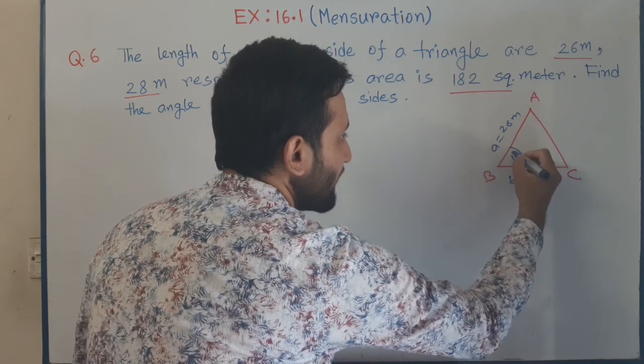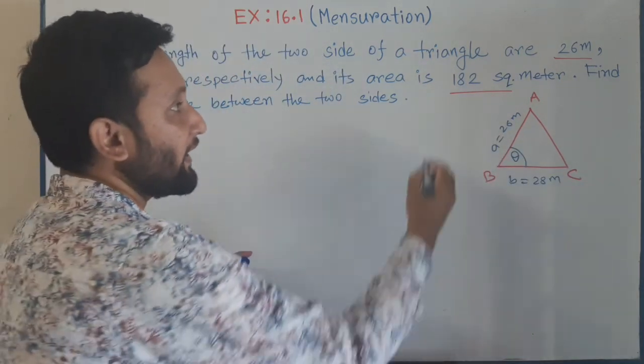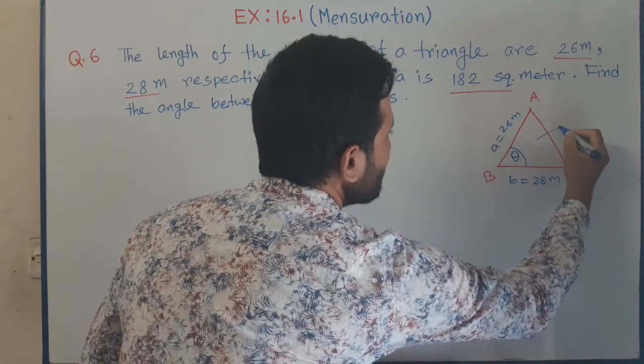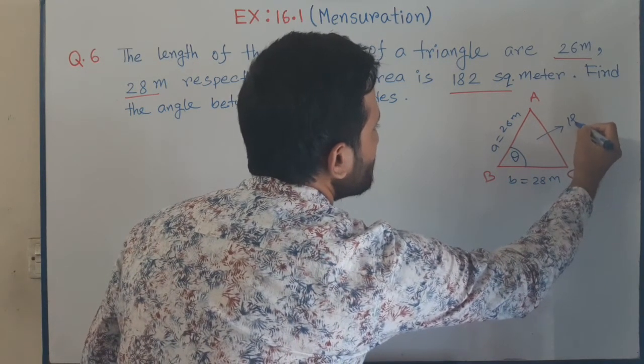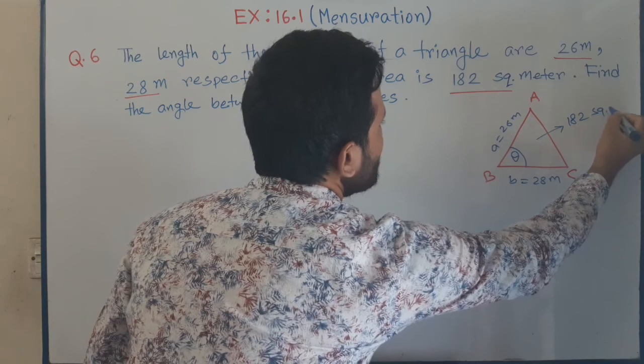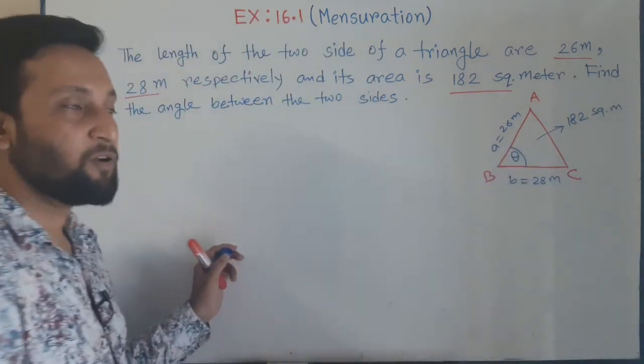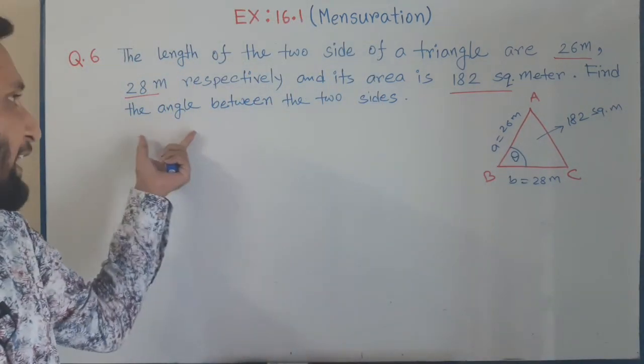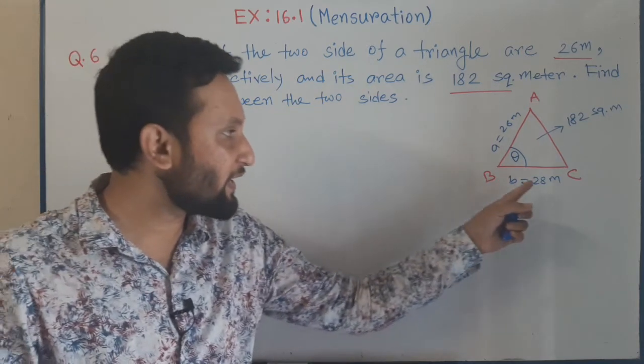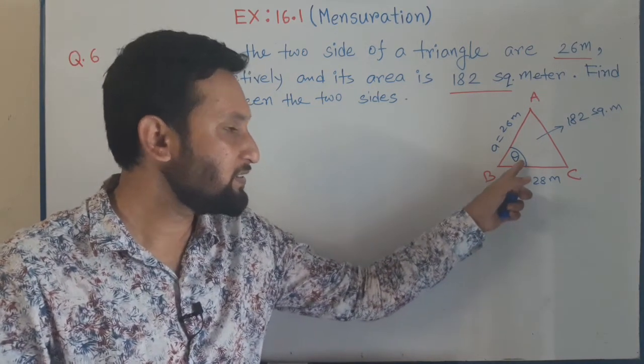According to the question, the area is 182 square meter. We have to identify the angle between the two sides, that means theta.